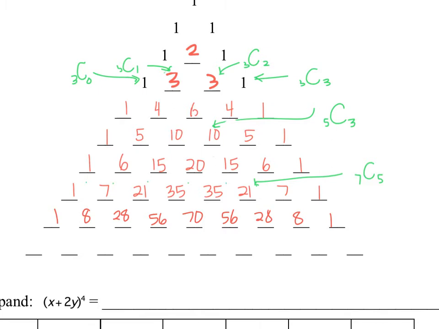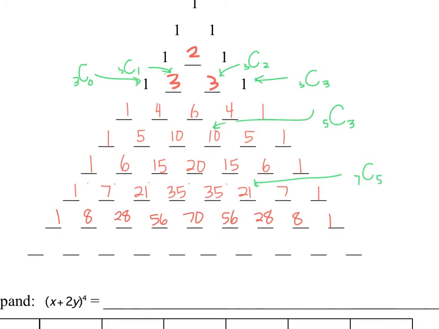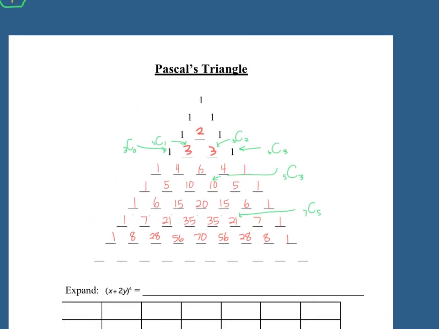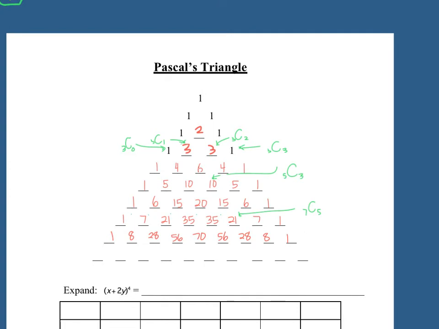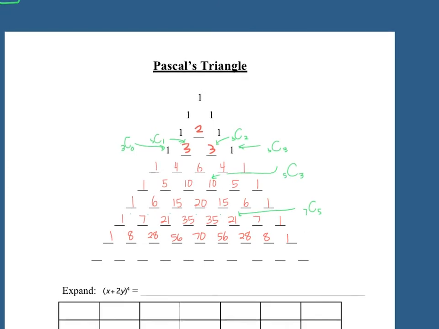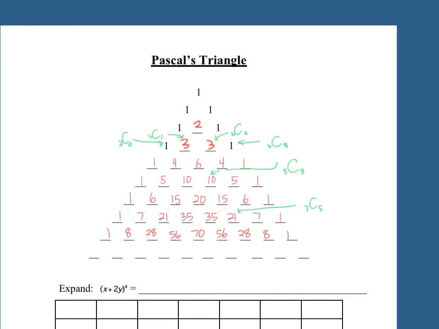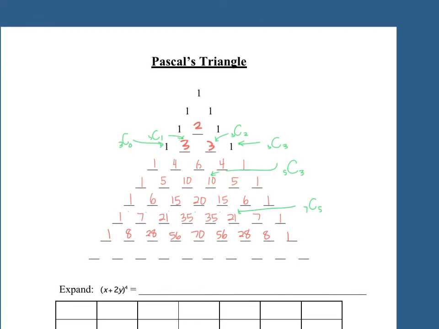So this is what is called Pascal's triangle. It is infinitely long. It just keeps going and going as long as you need it. It comes from the factorial formulas, the C formula for combinations, and it is arranged in such a way that there's tons of patterns that show up in Pascal's triangle. If you notice, all of the ones, of course, are on the outside. So that's one pattern.